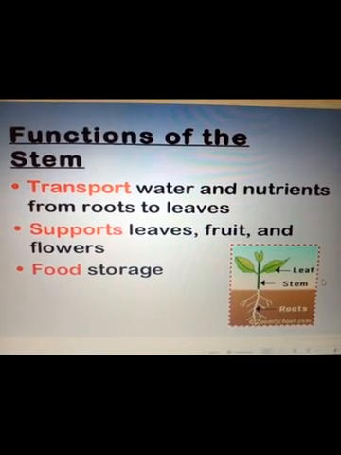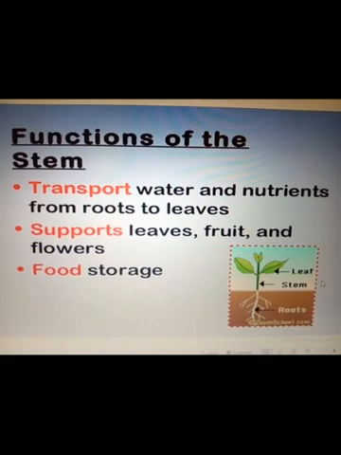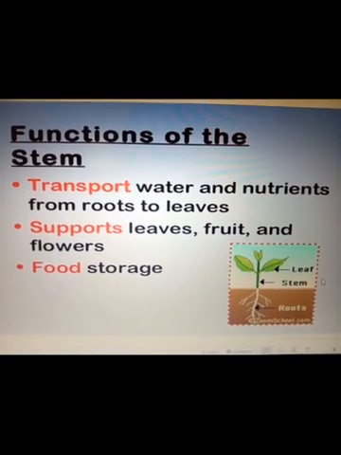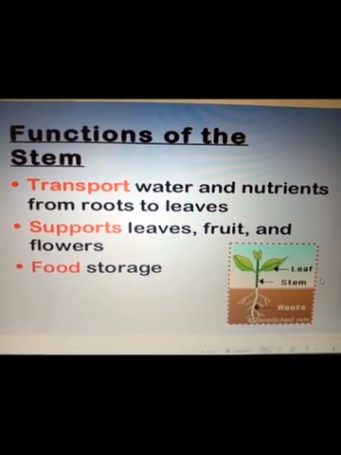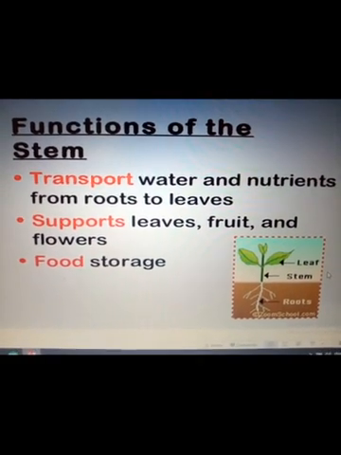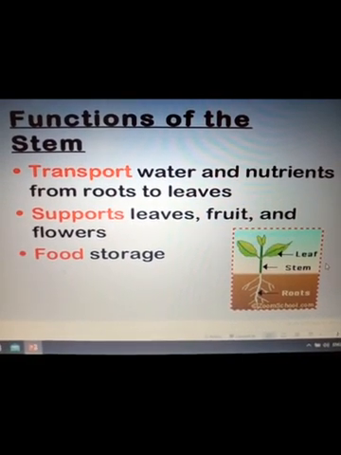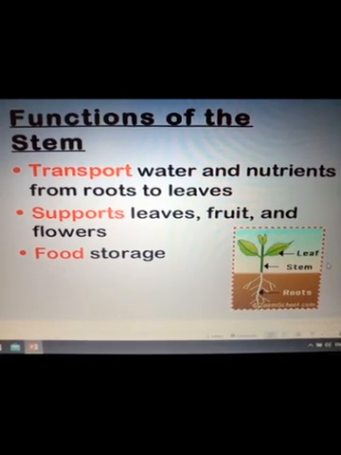Plants which have soft stems are basil, while trees like coconut have thick and hard stems. So the stem of the plant performs these functions.